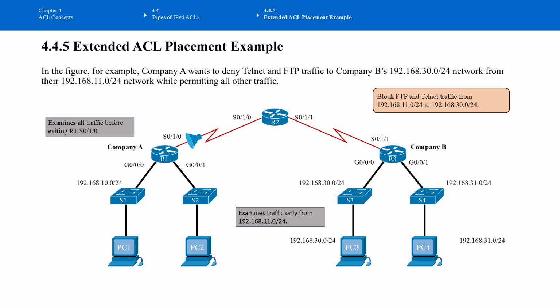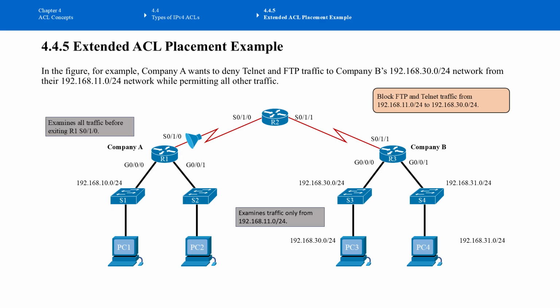The R1 at S0/1/0, the outbound. The ACL would examine all traffic leaving R1, including traffic from both 192.168.10.0/24 and 192.168.11.0/24. It can work, but the router has to examine more traffic than necessary.